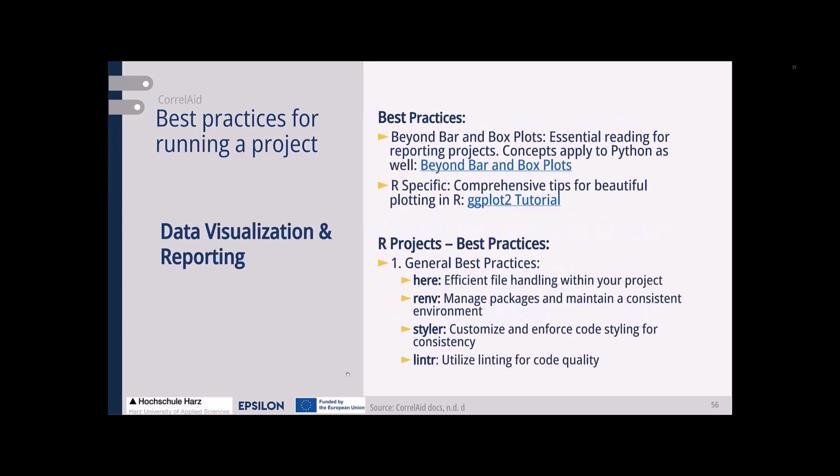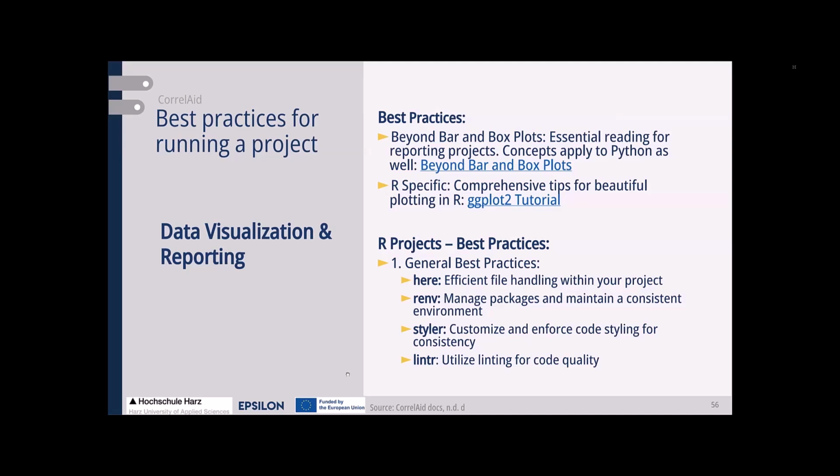Another best practice for running a project based on programming and code, so to say a data science project, is about data visualization and reporting. If you do the data visualization part, please apply essential reporting concepts. And if you do the essential concepts, which are understandable by others, try to use libraries that are also accessible to others.